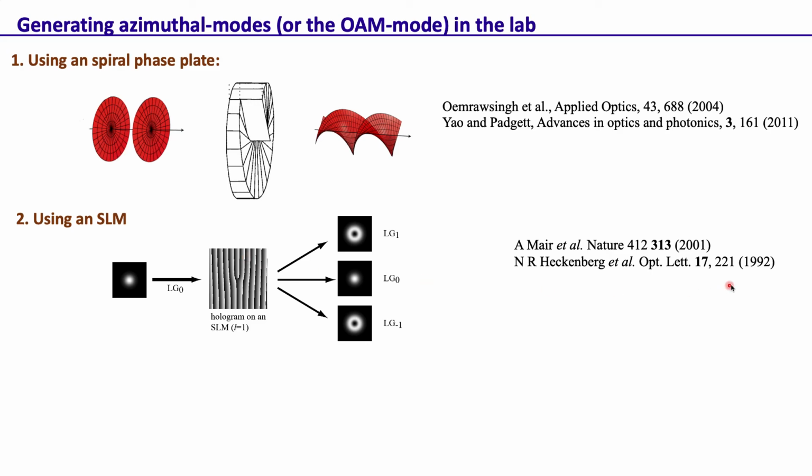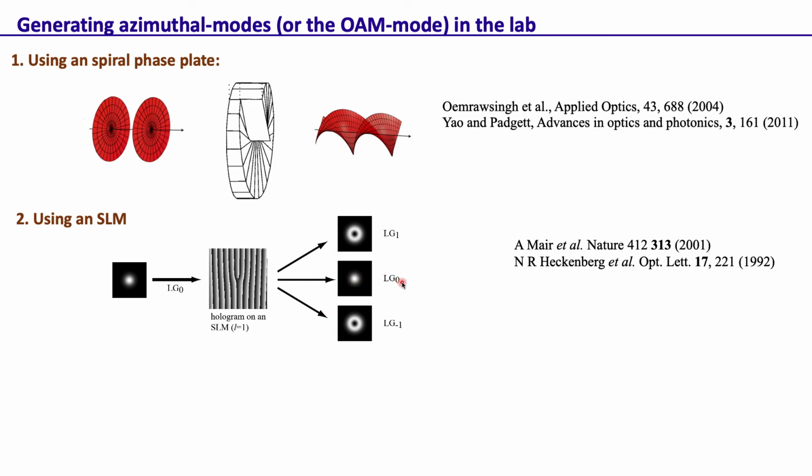I'm not going into the detail of this method, but one can produce a phase like this in a hologram manner. SLMs are pixelated devices, so we can't put the phase in this manner. It has to be in a slightly different format, and with that format, if you send an L equal to 0 beam, it gives a different diffraction pattern.